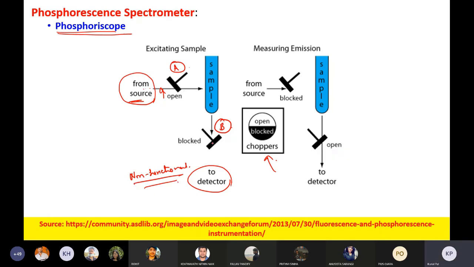Now in the second instance, we block the radiation from the source to the sample, and at that time chopper B is opened and the light from the sample goes to the detector and the spectrum is measured.